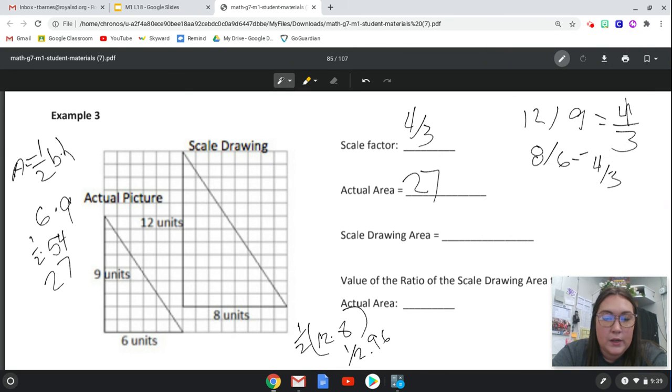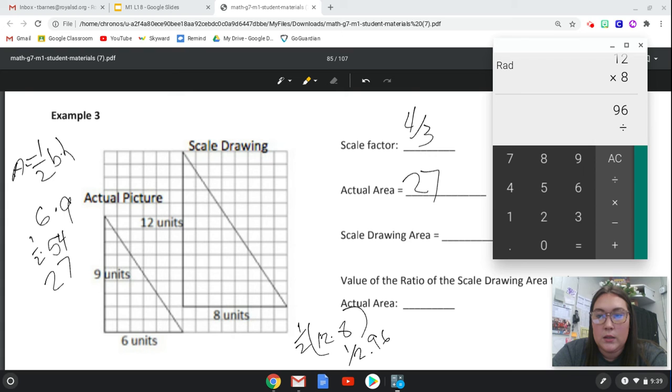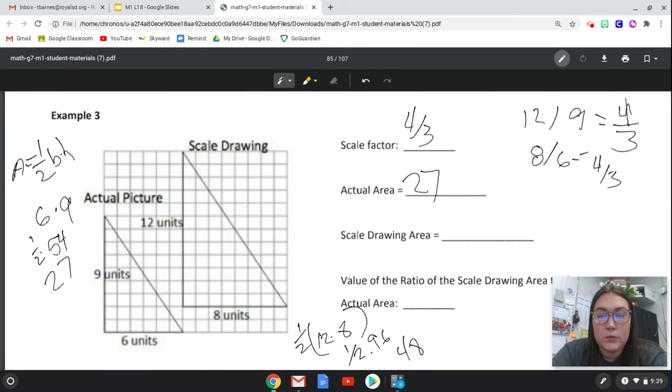So 1/2 of 96 is 48. So my scale drawing area is 48. My value of the ratio, I have to compare my 48 over 27, which can reduce down to 16/9.